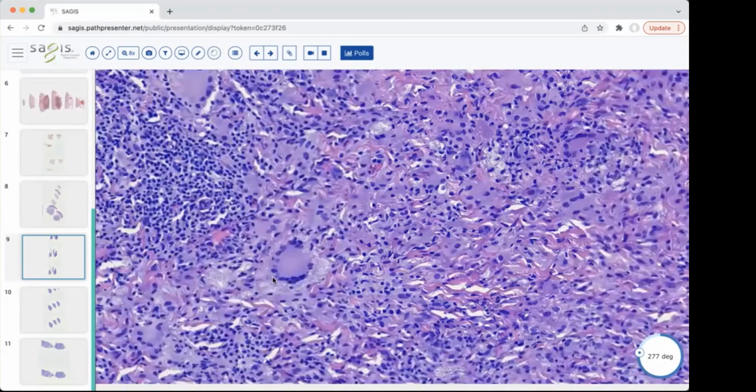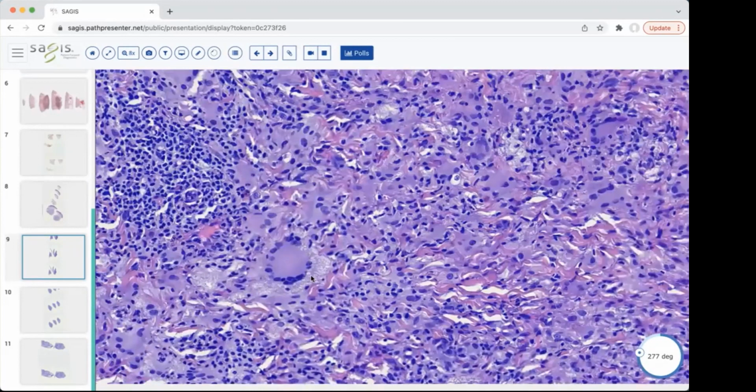And this is a good example of what we were trying to show on the previous case of a Touton type giant cell. So it has this rim or wreath of nuclei and this outer bubbly cytoplasm, foamy cytoplasm. So that's a good Touton type giant cell.